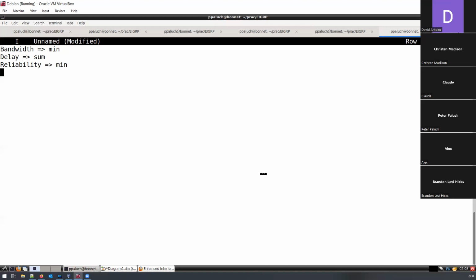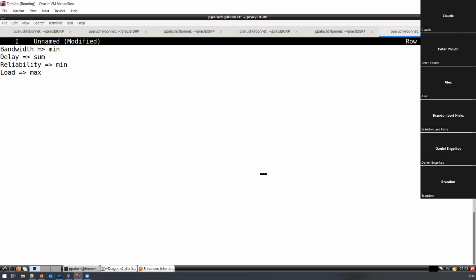And again, we're looking into the minimum reliability because obviously the path with the minimum reliability is the least preferred one. The fourth parameter is load. Now, we're looking at the maximally loaded path because again, if we're taking into account the load, then we would like to avoid the paths that are too loaded.